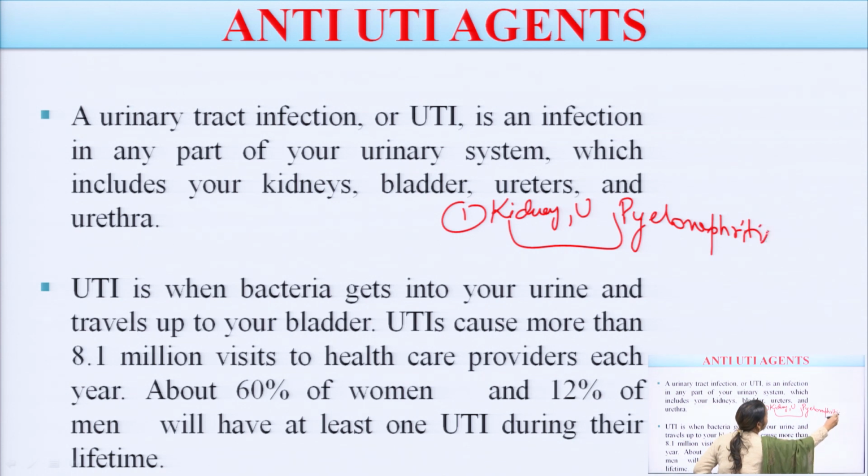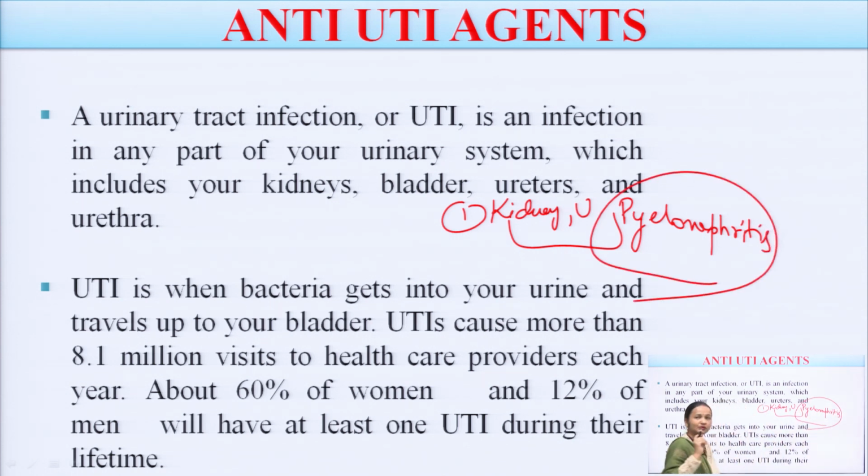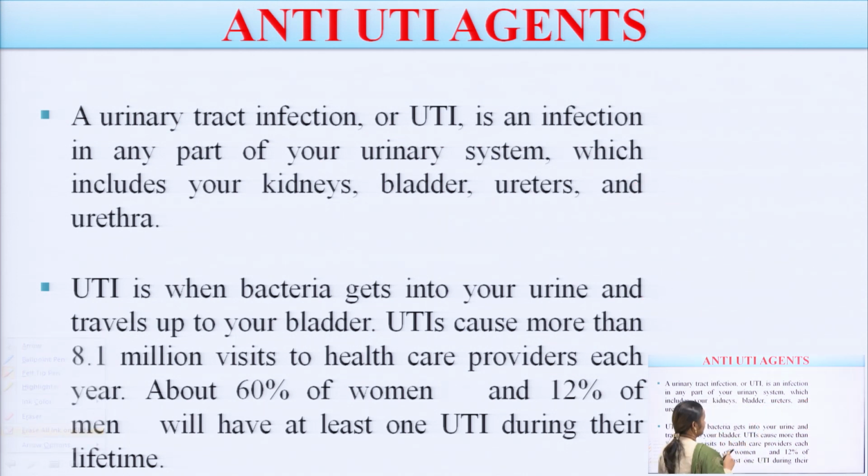This pyelonephritis is not a very common UTI, because the E. coli or the causative agent has to move from your bladder to the kidney, from the lower to the upper side of your body. But when this type of infection occurs in the kidney and ureters, it is pyelonephritis, and if it occurs in the lower part, it can be cystitis or another type of infection.